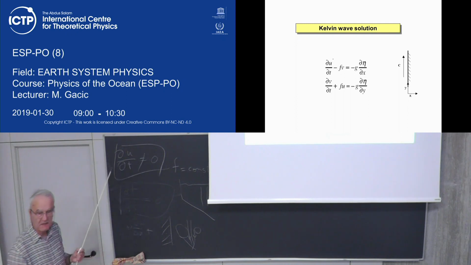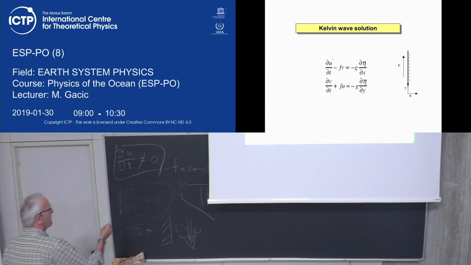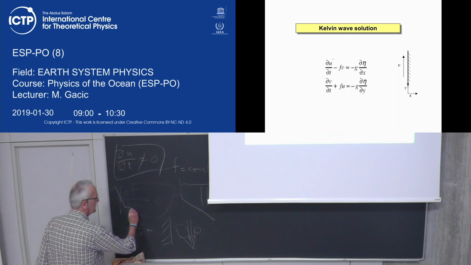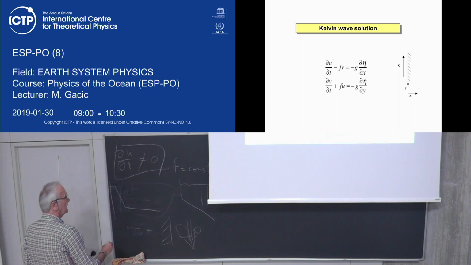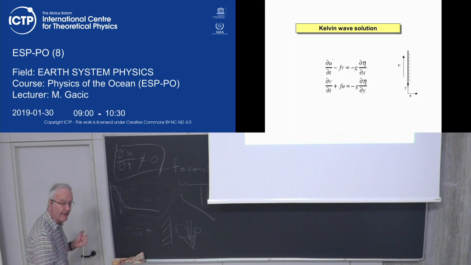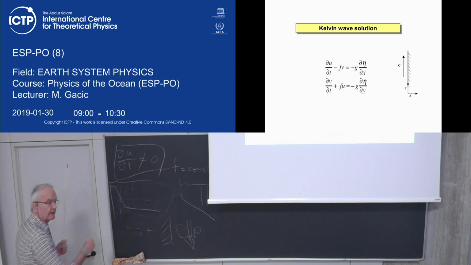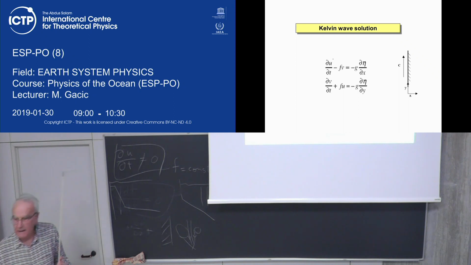With a flat bottom, obviously there is no mechanism which changes the height of the water column. Therefore, the largest amplitude of these Kelvin waves appears in the area where there is a bottom slope. If there is no bottom slope, there is no mechanism generating the Kelvin waves.